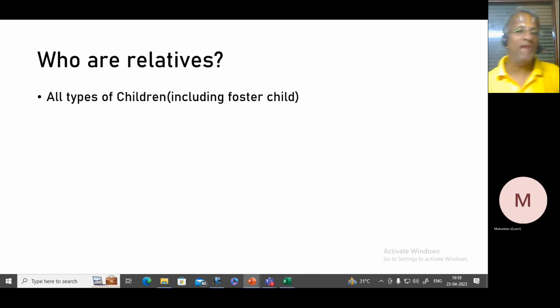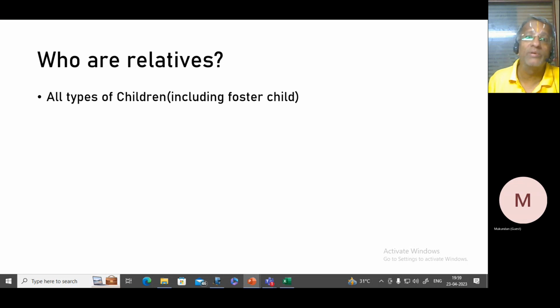Now the relative test. All types of children, including foster child, will be taken up as part of relatives only. People might ask, sir, why would children come here? Either they will come under qualifying child, and if they fail in qualifying child, we have to consider whether they can be taken up under qualifying relative.